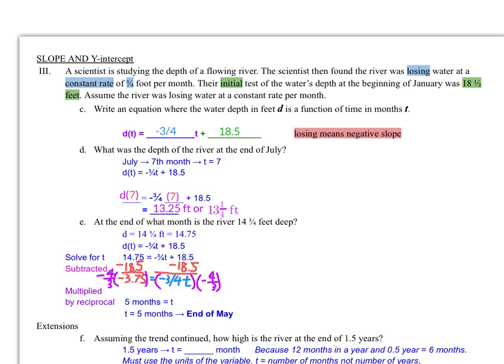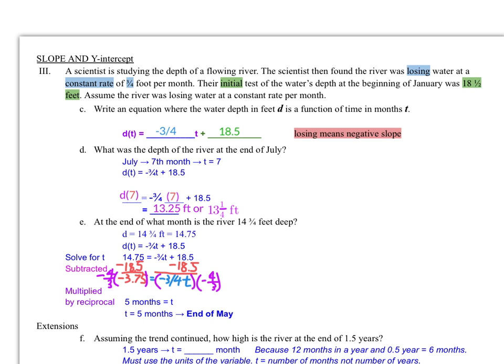Negative 4 divided by 3 times negative 3.75 gives us exactly 5 months. 5 months translated back into the name of that month is end of May. So that means that the depth of 14 3/4 feet would happen at the end of May.